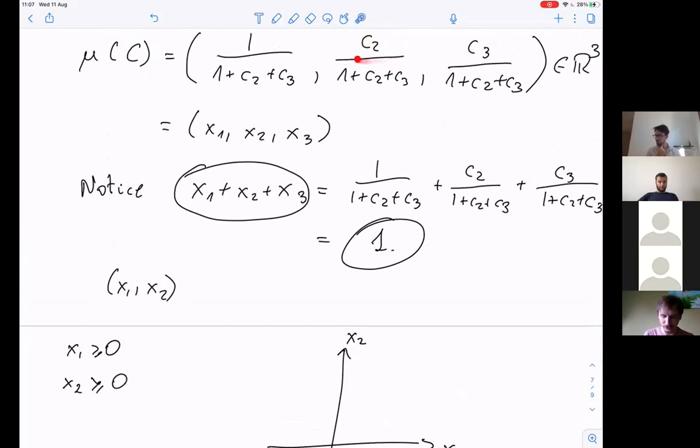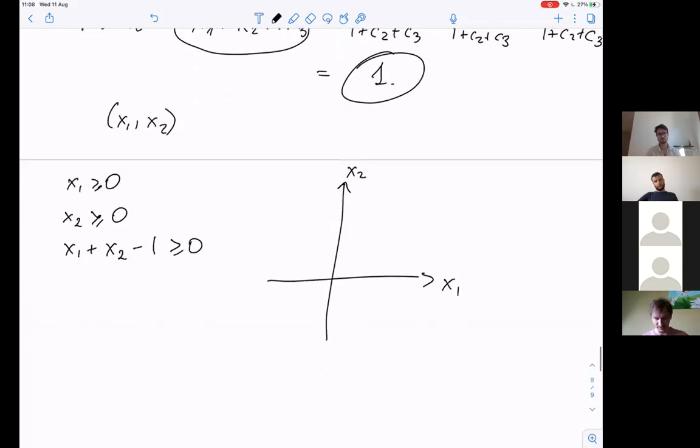Okay, so if I take C2 and C3 non-negative, then that's always the case, that x1 is non-negative and x2 is non-negative. And then additionally, x1 plus x2 minus 1 is also non-negative, sorry.